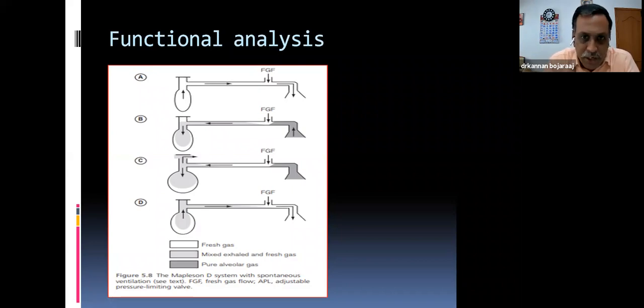So during expiration, what happens? The exhaled gases, the first gas coming through this is the dead space gas, which cannot take part in the alveolar gas exchange. So that is almost equal to that of fresh gas flow. There is no alteration in the composition of air.